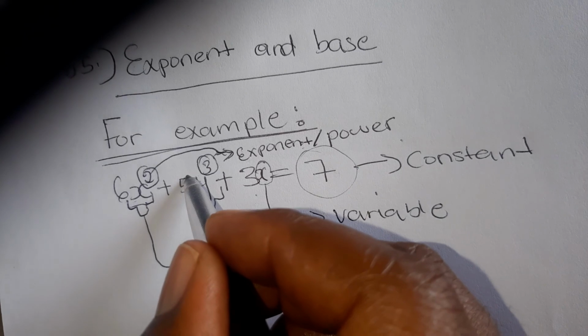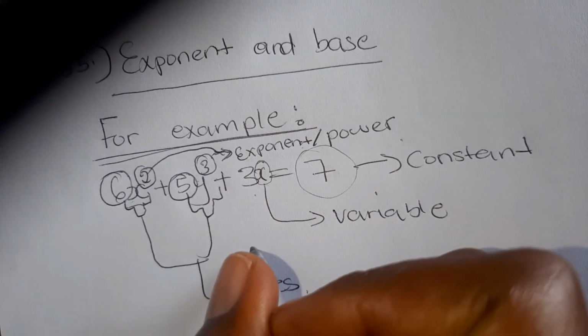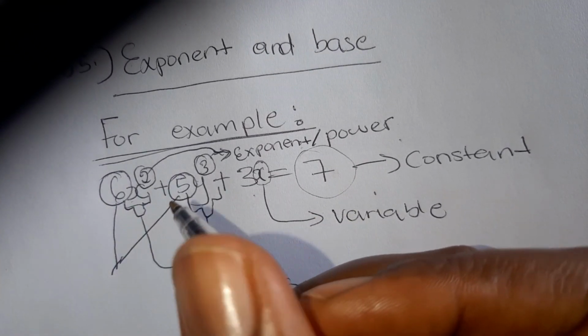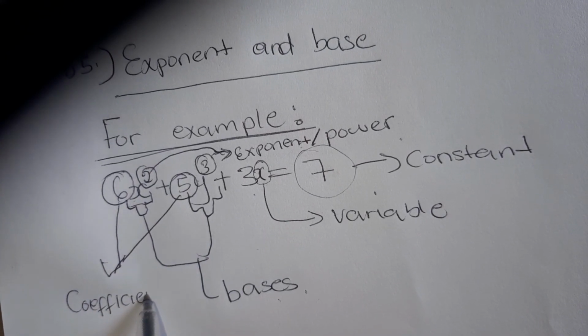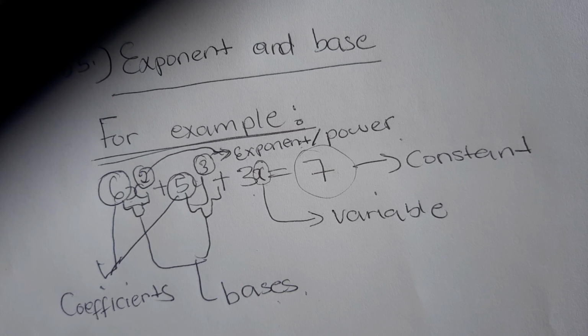And then we are left with these 6 and 5. They are coefficients because they are multiplied by a symbol or alphabet that represents a quantity that will later on change their mathematical expression.